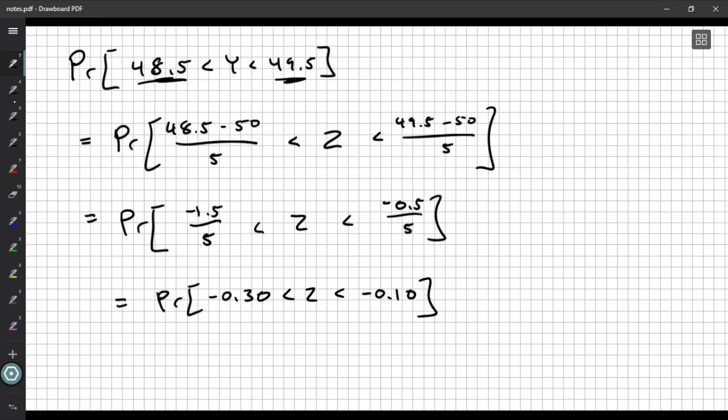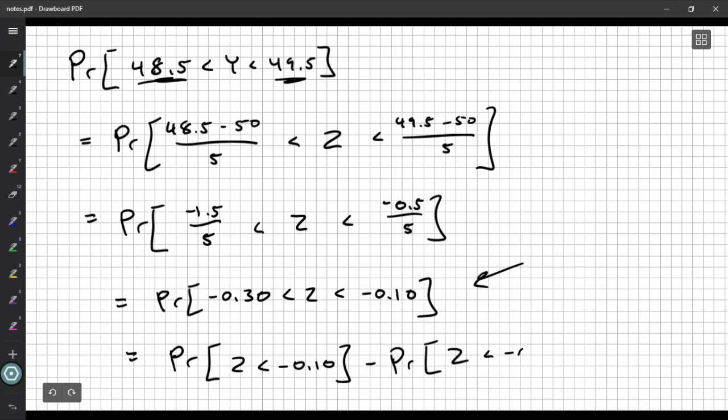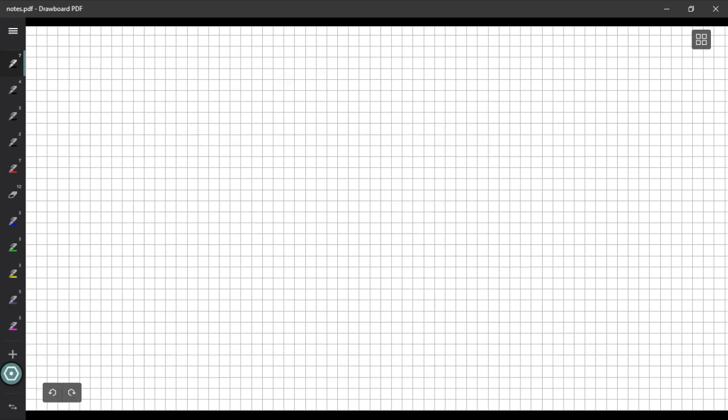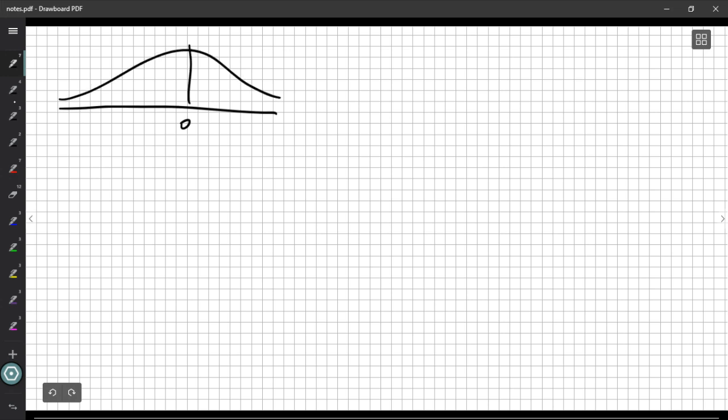And now it's up to us to figure out this probability, which we can now break up into two different probabilities with one z-score apiece, as we've done in the past. Okay, that's up to us to work these probabilities out. Okay, so what do we do? Well, for the first one, draw our z, our standard normal distribution.